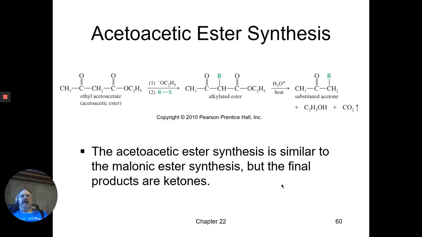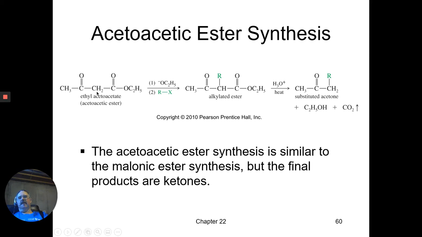The acetoacetic acid ester synthesis is very similar to the malonic ester synthesis, except that instead of two esters, we have an ester and a ketone. Even though we have two sets of alpha hydrogens, it's the hydrogens that are between the two carbonyls that are much more acidic.